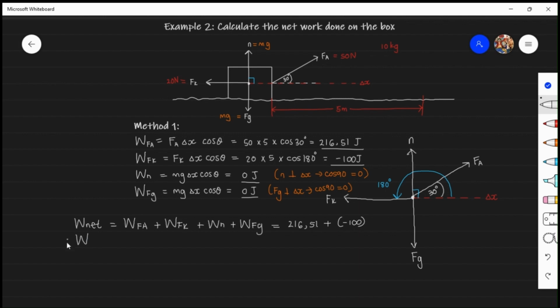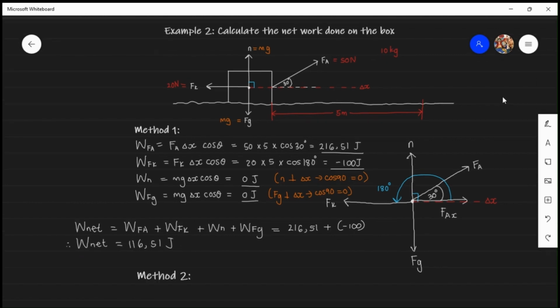And we therefore have our net work done on this object as 216.51 minus 100 joules of energy, which gives us 116.51 joules. And that is a positive value.